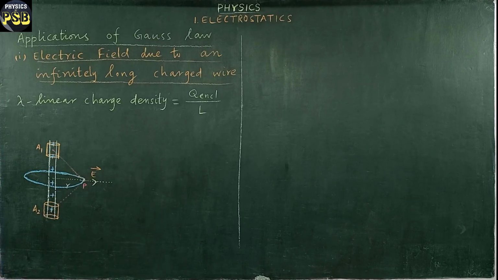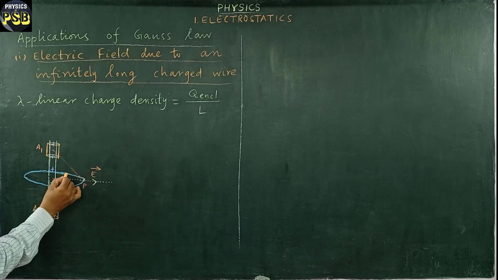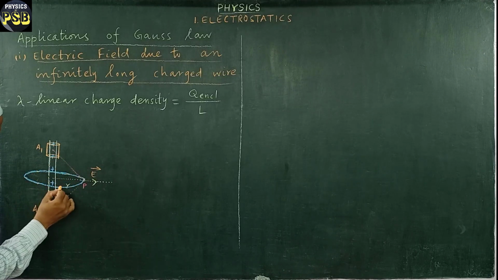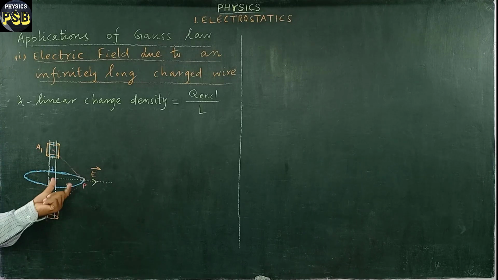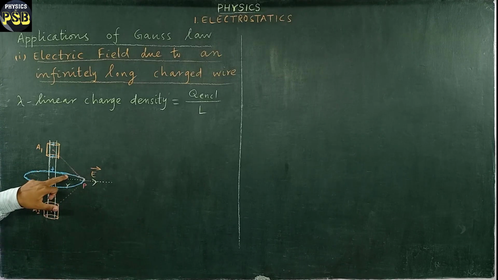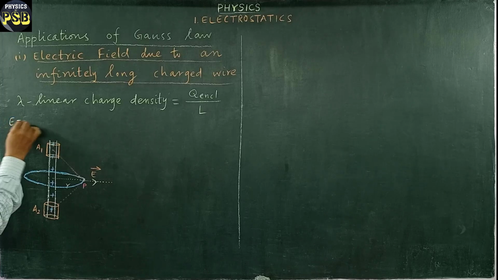So if we take any point on this circle of radius r, you will find the value of E remains the same. So we can say that E here is constant.